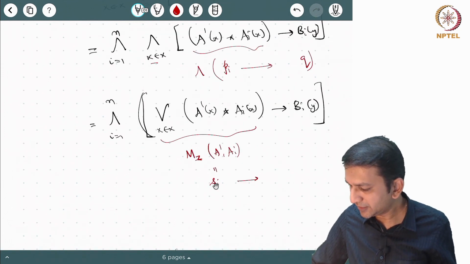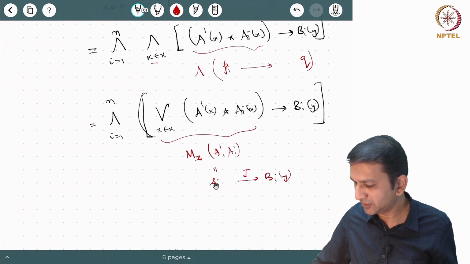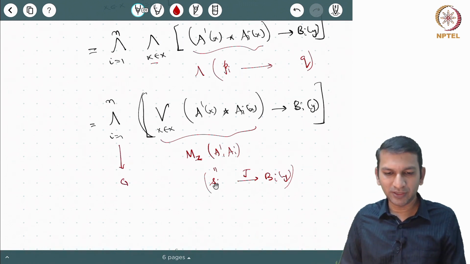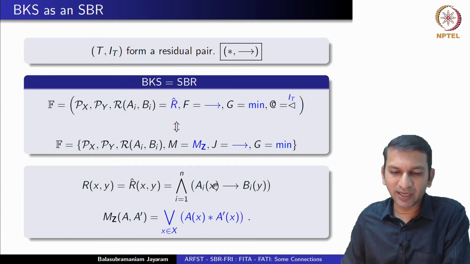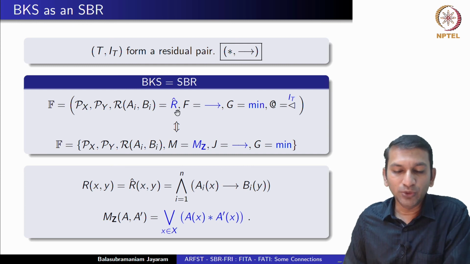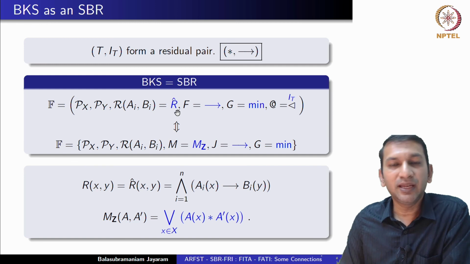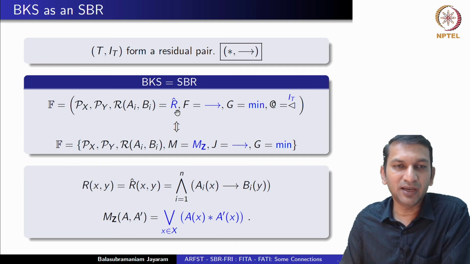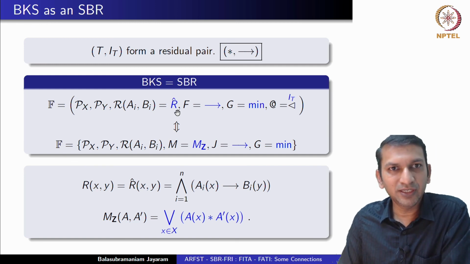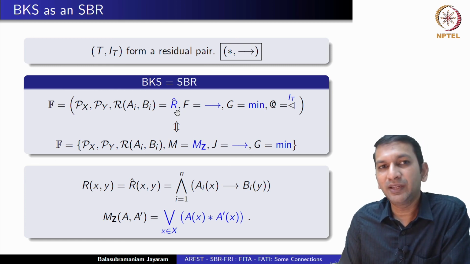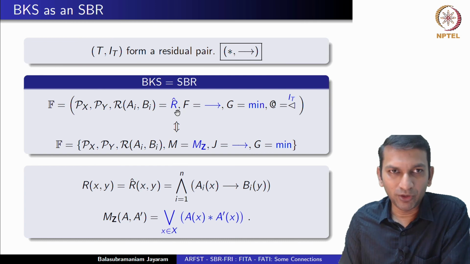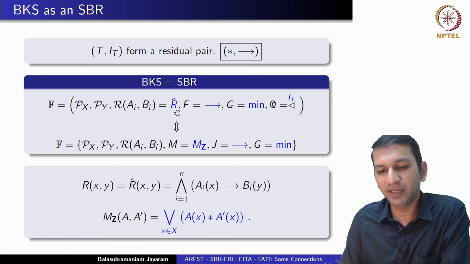Now Si is modifying Bi using this J, which is the implication, and this is our G, which is the minimum operation. So we see once again, if we use R cap as the relation in a BKS, then it can be seen as an SBR where the matching function is given as the lattice matching function, and we take implication for the modification and minimum for the aggregation.